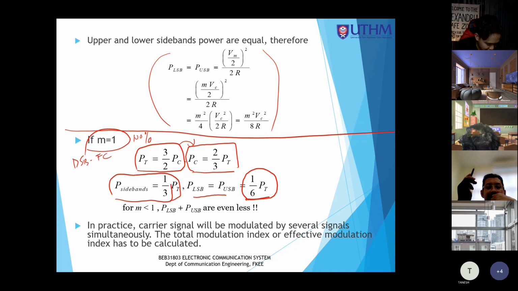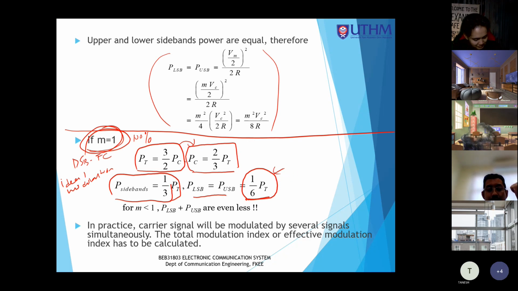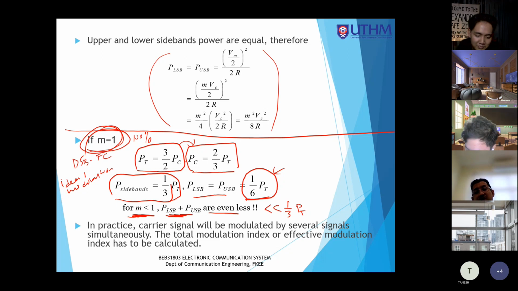Okay, so kalau you lihat di sini dalam keadaan ideal, dalam keadaan M equal to 1, which is the ideal case, this is ideal modulation. Dalam ideal modulation sahaja, power of the sideband is 1/3 of the total power. Bayangkan kalau M kurang daripada 1, kalau under modulation, therefore power of the sideband are even less than 1/3. Okay, dia akan menjadi jauh lebih kurang daripada 1/3 daripada total power. Okay, which is not good.